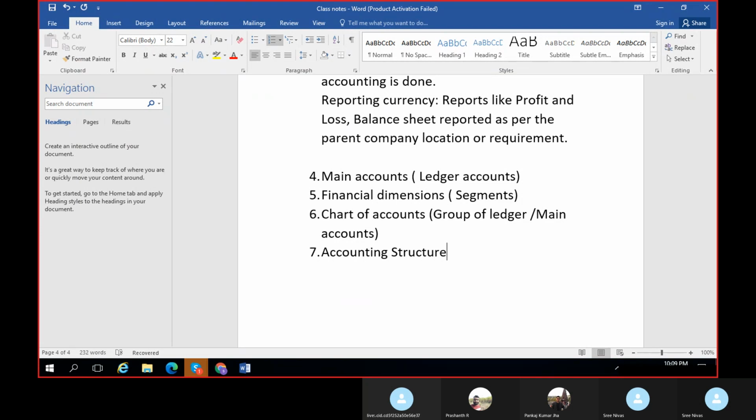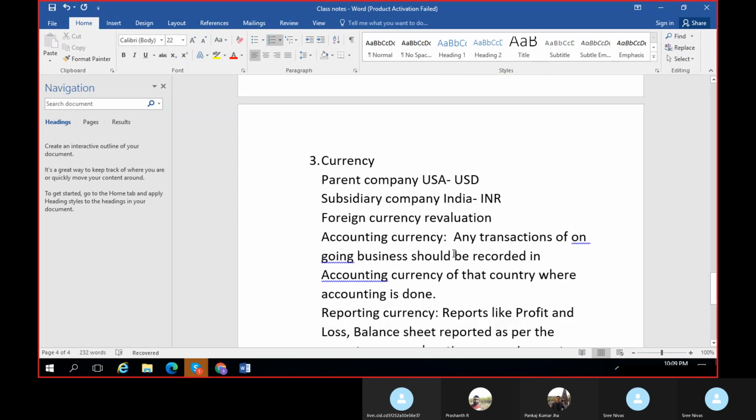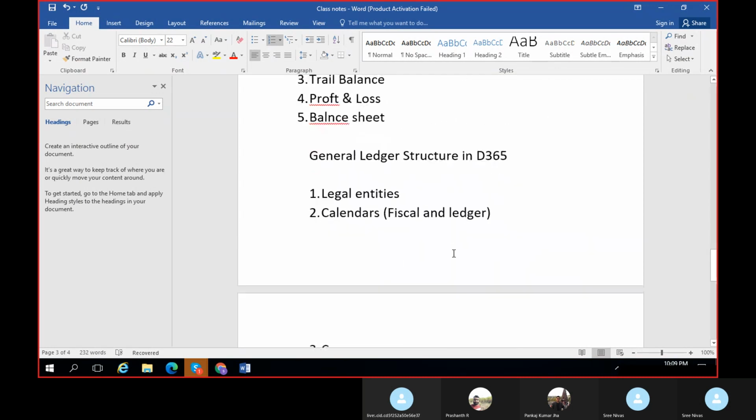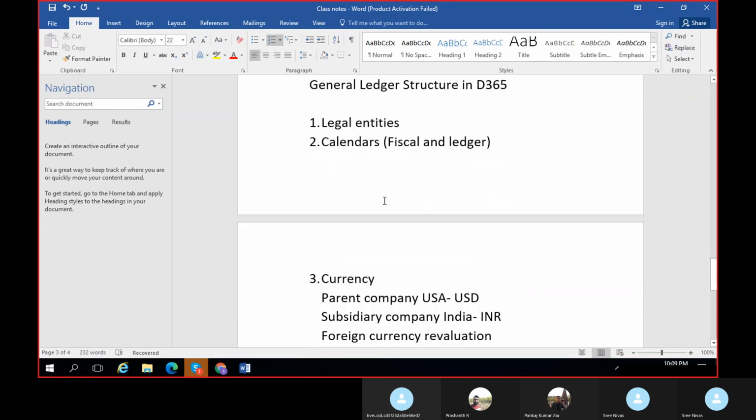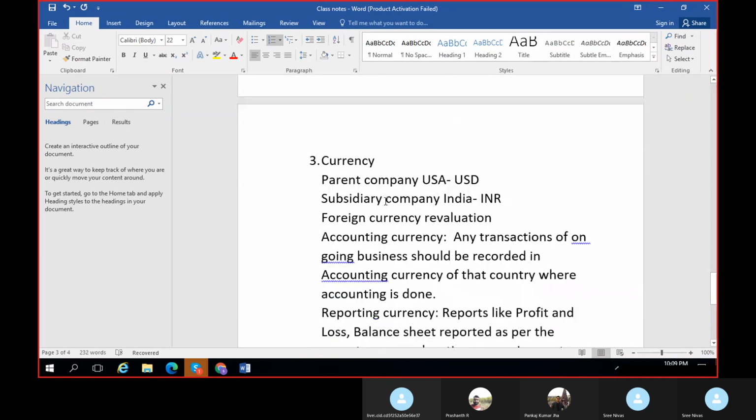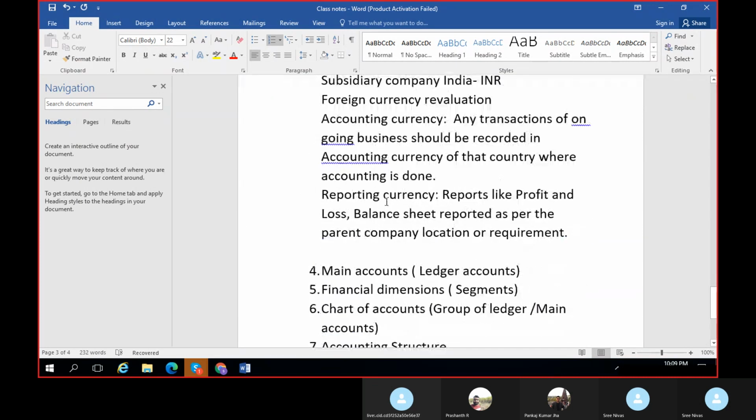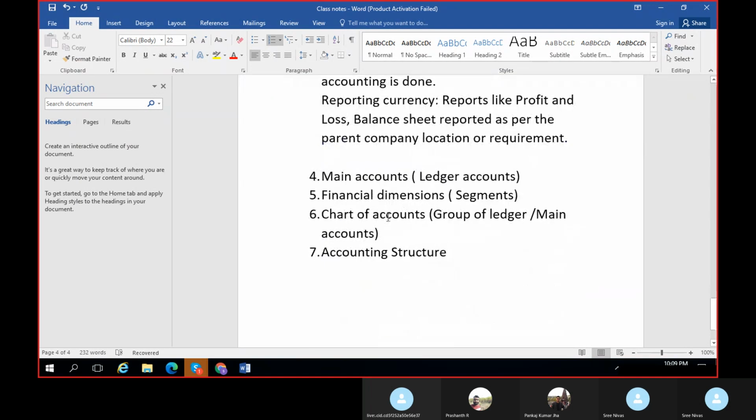The next and final, most important topic is the accounting structure. This is where you will configure the legal entity, calendars, currency, main accounts, financial dimensions, and chart of accounts. All these things you will have to configure under the accounting structure.